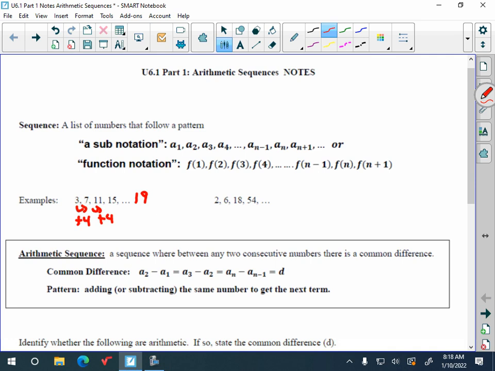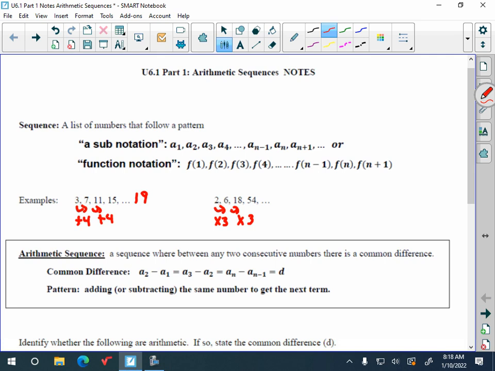All right, and then the second example, 2, 6, 18, 54. So 2 is the first term, so we call that the A1 term. 6 is the second term, A2 term, and so on. So what would the pattern be to get from 2 to 6 to 18 to 54? Yeah, okay, good. So hopefully everybody sees we're multiplying by 3.